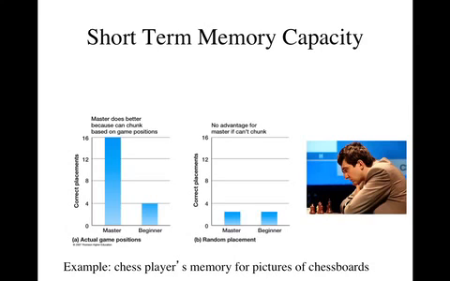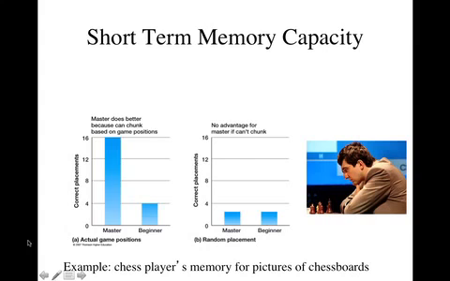Some evidence for this came from chess experts, who have been shown to be able to remember many more chess configurations than a beginner if shown a chessboard, but that only applies for legal, actual game positions. If it's random placement, then they can't. The suggestion is that the reason they're able to remember actual game positions is because they can chunk some configuration into a single item, and then they can remember more of those.